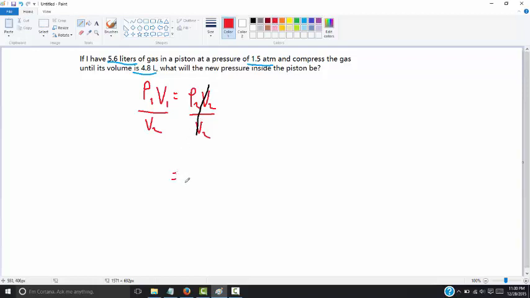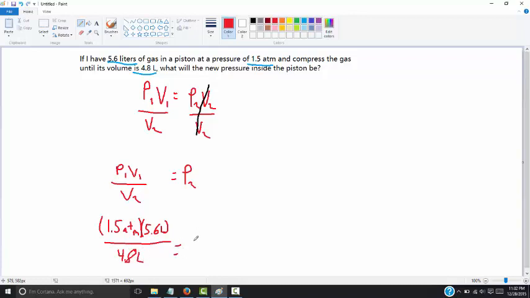So what you're left with is P2, what we're trying to solve for, and then what we have left over here, P1, V1, all of that divided by volume 2. Now it's just a matter of plugging in all the values. P1, which is 1.5 atmospheres, multiplied by the initial volume, which is 5.6 liters, all divided by volume 2, 4.8 liters.